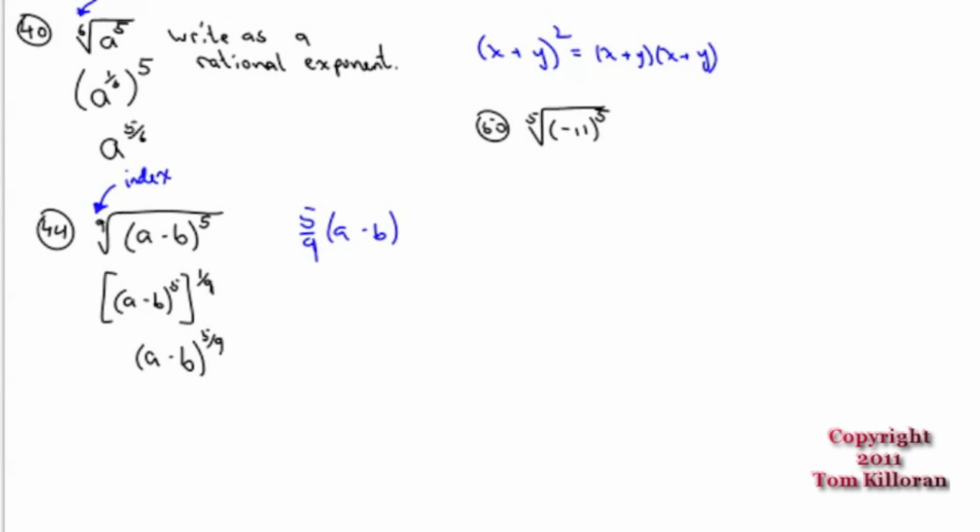It's going to be negative 11? You sure? No. Remember this root? Well, you could use a rule, or you could change it into a rational exponent. This becomes negative 11 raised to the fifth. The index is a 5, so that becomes 1/5. And 5 times 1/5 is 1, and the answer is negative 11.